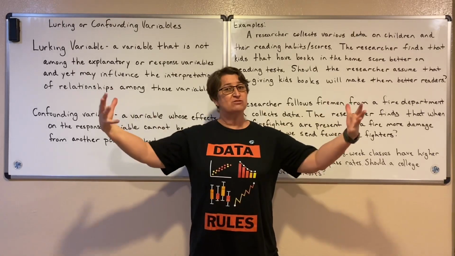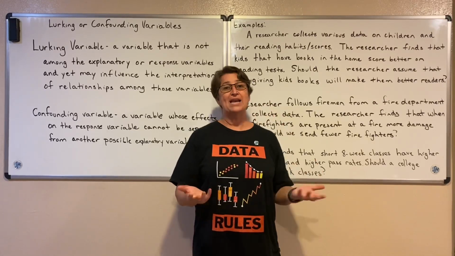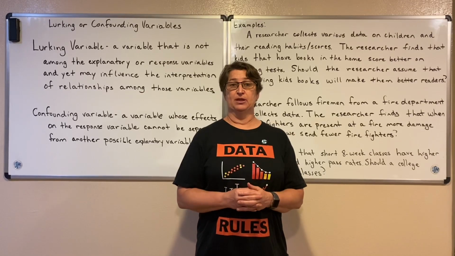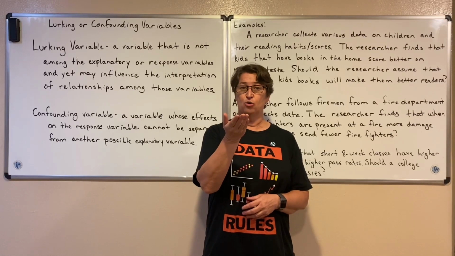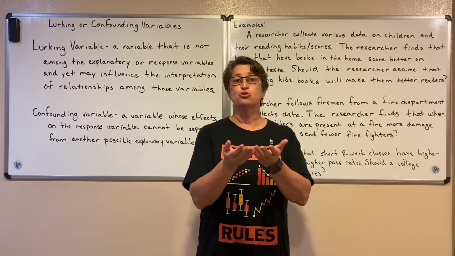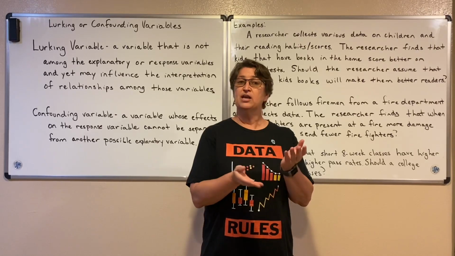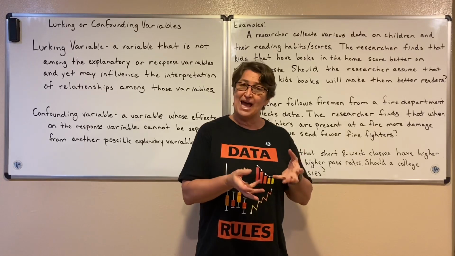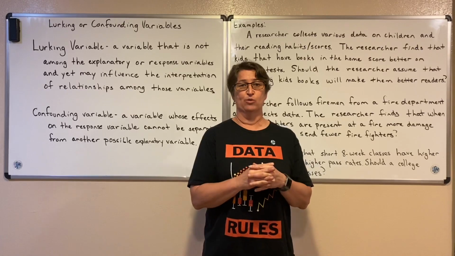So some outside variables that might influence those reading scores might include things like financial ability. Maybe the parents who can afford books in the home can also afford something like a tutor to help their students when they're struggling with something like reading, so that it's not the books in their home that's causing them to be better readers, but that financial security is what's actually helping them be better readers.